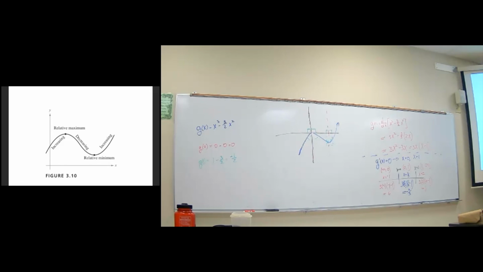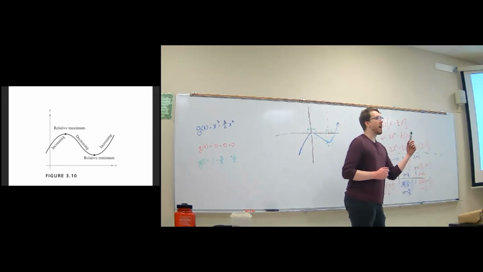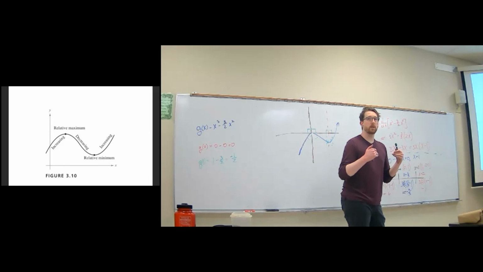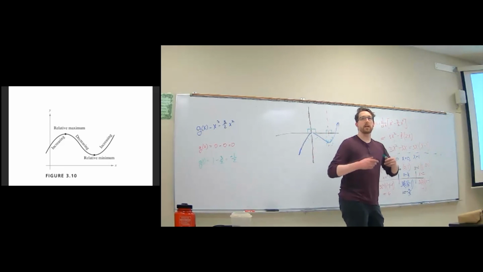So f of whatever that jiggle is, it's going to be larger than f of c. Hence, f of c must be a minimum. Similarly, we have a maximum. If you jiggle about that, everything is going to be below it. And that's how we can detect a max or a min. Cool?